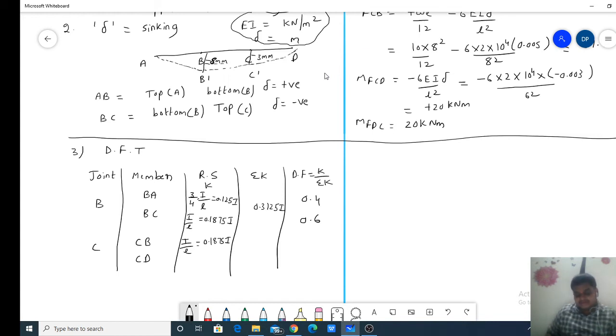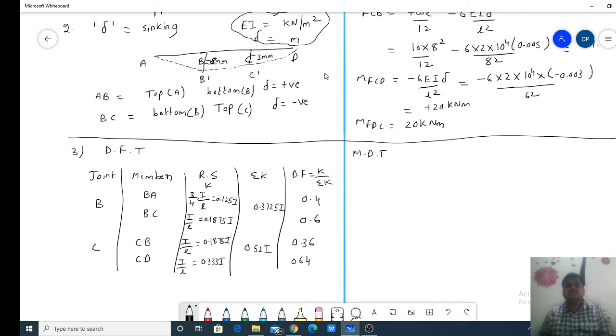And similarly for CD, their I is 2I and D is fixed, so once again the formula will be I by L, wherever I is there you put 2I upon 6, this comes out to be 0.333 I. Once you add all this, this comes out to be 0.52 I, right? 0.1875 upon 0.52 comes out to be 0.36 and the other comes out to be 0.64. Now this is my distribution factor table. Now the last step is my moment distribution table.